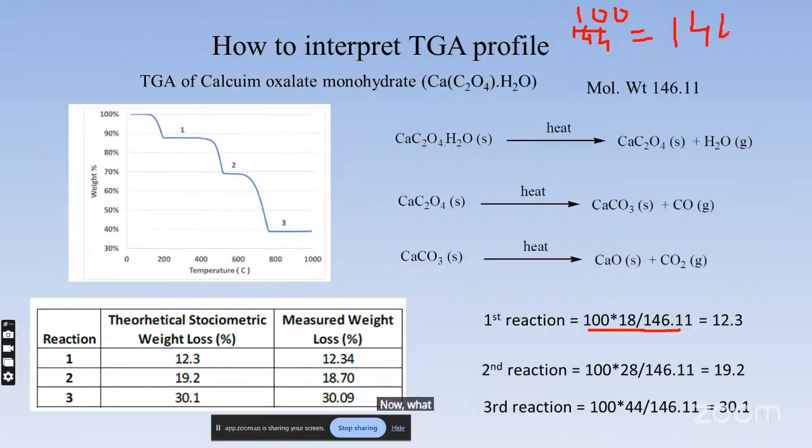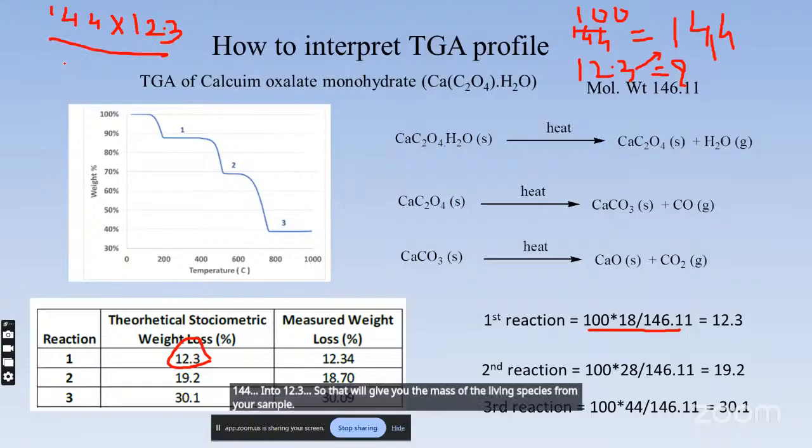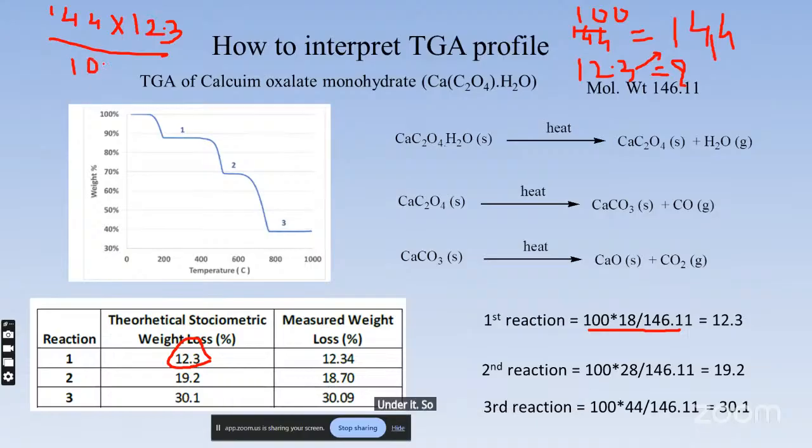Now what is the loss? First loss is 12.3. So what will be the molecular weight of the species? Now how to do it? You just make a cross multiplication. 144 into 12.3 divided by 100 will give you the mass of the leaving species from your sample. So you do it and tell me the answer.